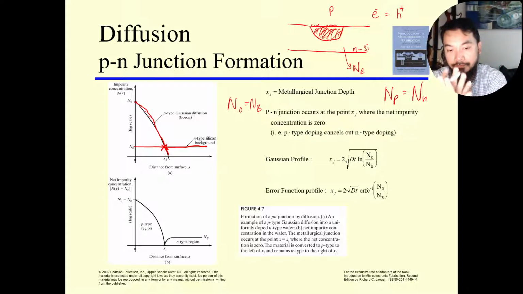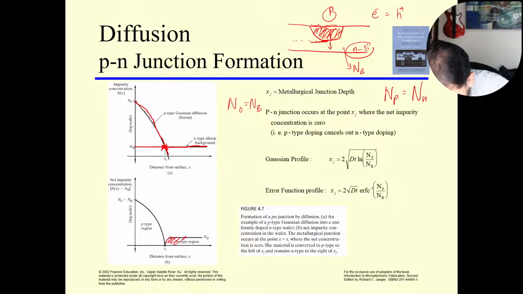So effectively at this junction, at this depth, you should expect no extra electrons or holes, or basically charge neutrality. Anything below this neutral region is N-type, anything above is P-type.